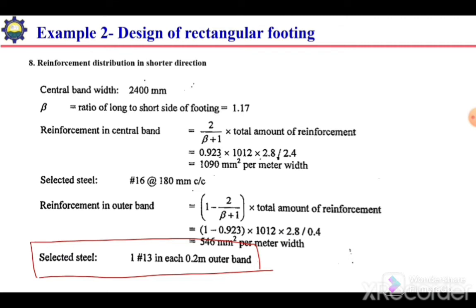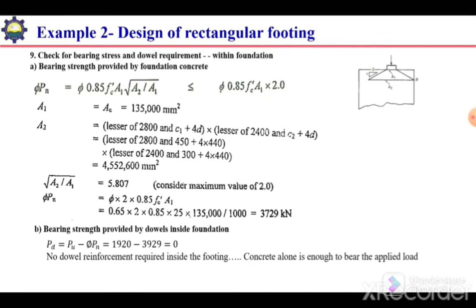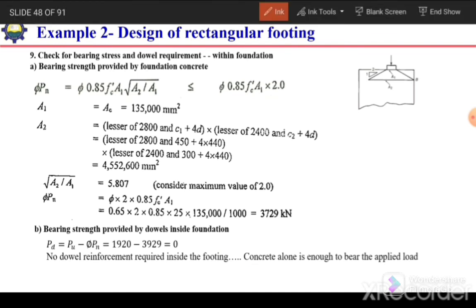Once we have decided the reinforcement that needs to be provided in the central band and the outer band, the next step is to check for the bearing: bearing strength of footing as well as bearing strength of column. For that, first we need to check the bearing stress and dowel requirement within the foundation. So we need to calculate the bearing strength provided by the foundation concrete.